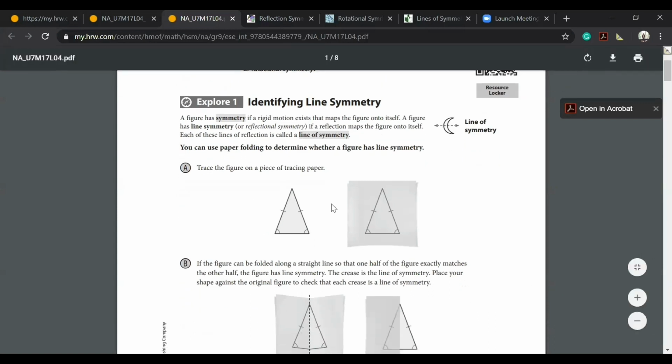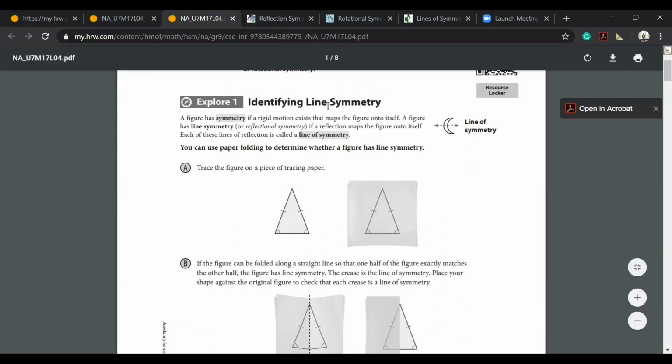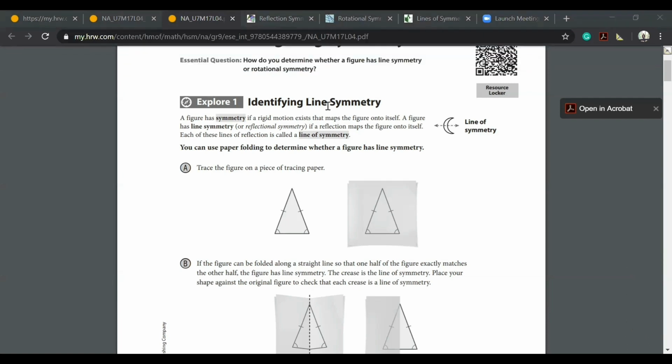Okay, can you see this triangle? A figure has line symmetry if a reflection maps the figure onto itself. Each of these lines of reflection is called a line of symmetry. You remember the reflection line? You remember when we did reflection together? It was the easiest lesson. What is a reflection?